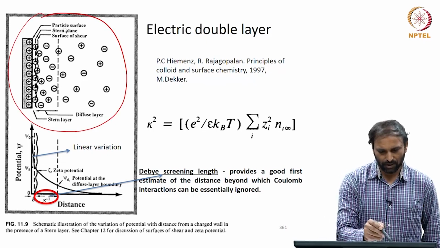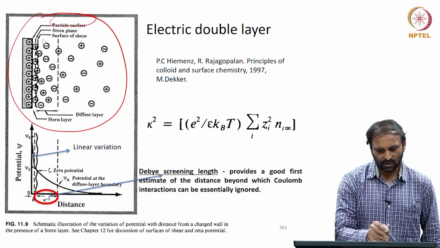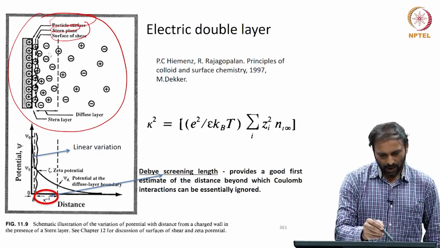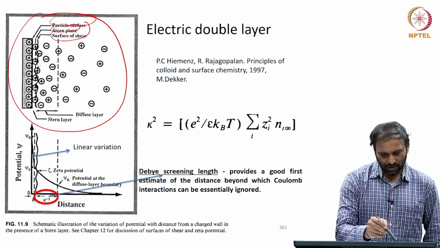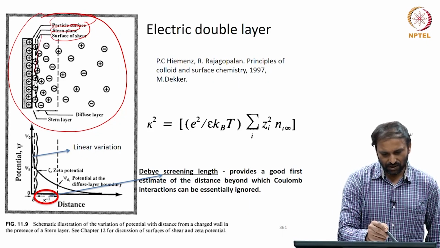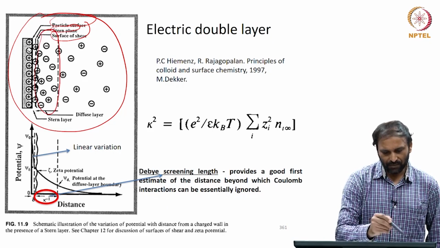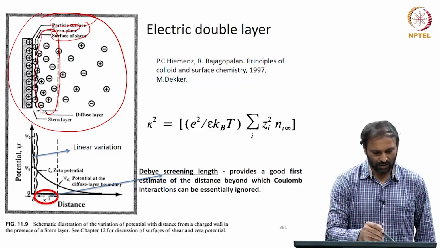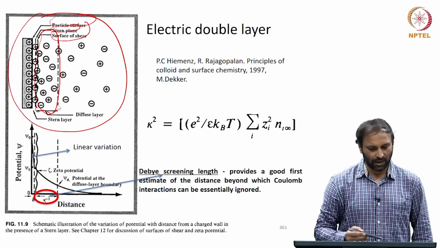You have a positively charged particle surface and the Stern layer very next to it, and there is a plane of shear, and of course there is a certain structure in which the counter ions and the co-ions are arranged in the solution, that is what is called a diffuse double layer.